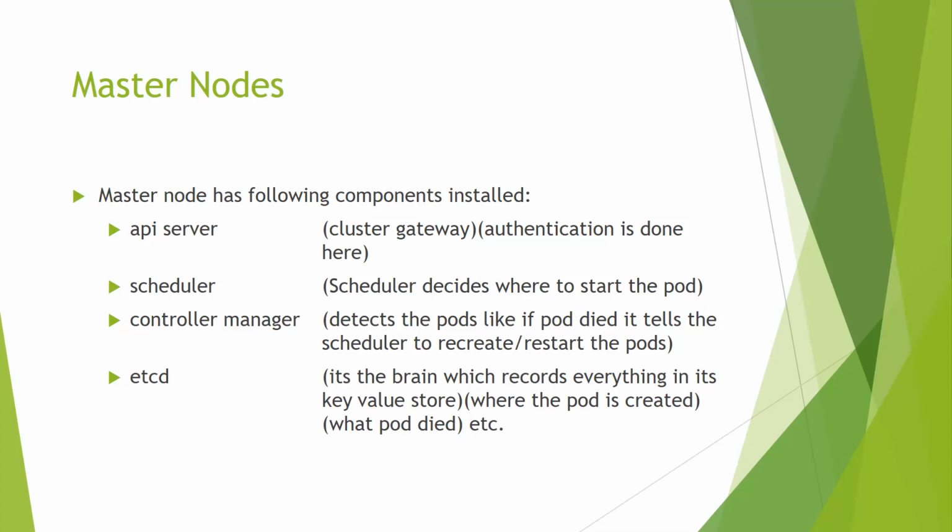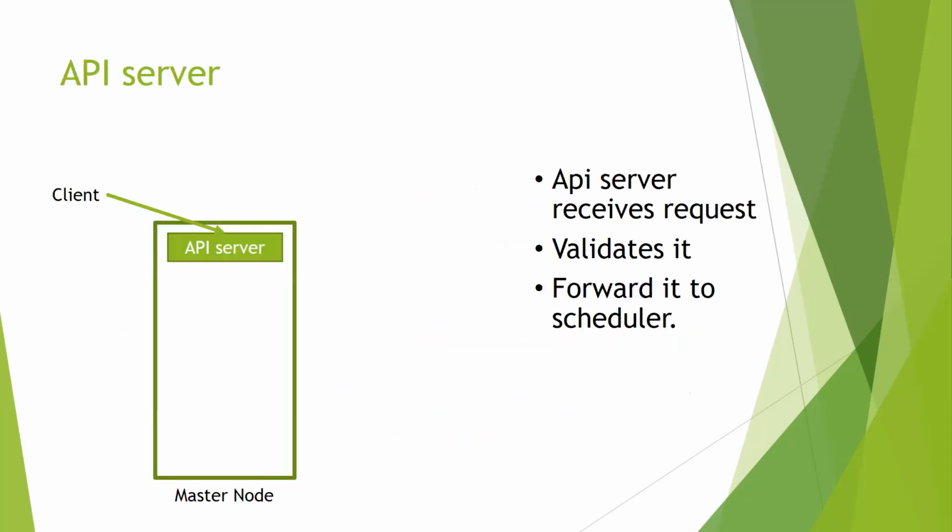Okay, the scheduler. I think I have explained it earlier. The API server receives and validates the request, then forwards it to the scheduler. What the scheduler does is, it has complete visibility of the worker nodes, of how much each node is utilized. Let's say one is 10%, one is 20%, one is 60%.